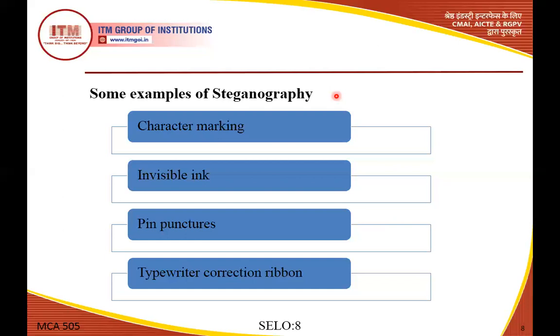In this type of technique, we can hide around 2 to 3 megabytes of messages in a single snapshot. This is one type of steganography. Right now there are many types.